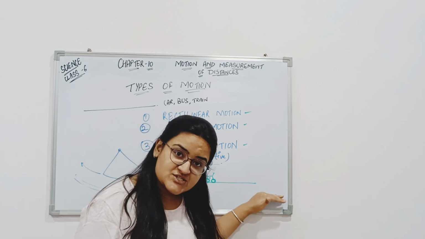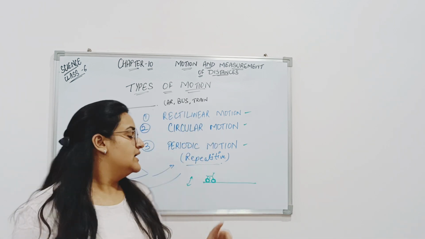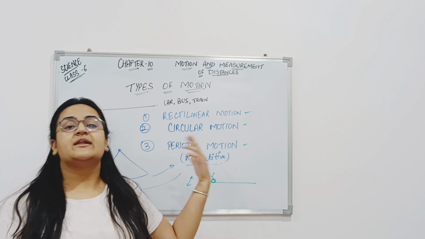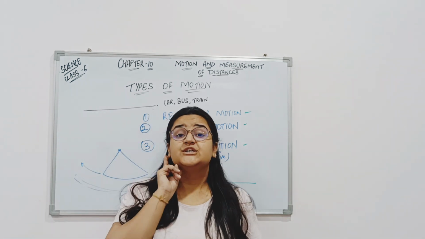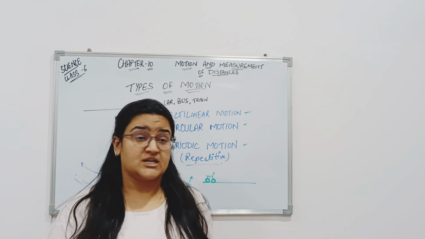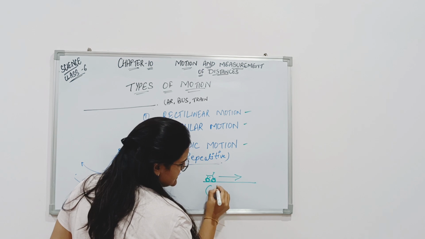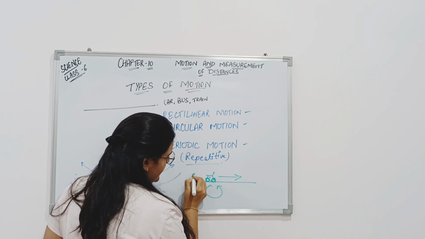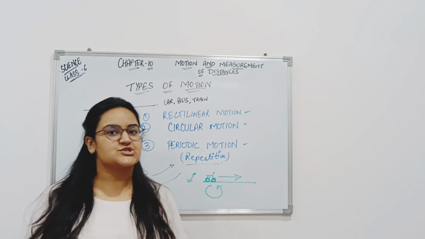The movement that is straight is rectilinear, in a circle is circular, and to and fro repetitive is periodic motion. This is rectilinear motion, this is circular motion, and this is periodic or repetitive motion.